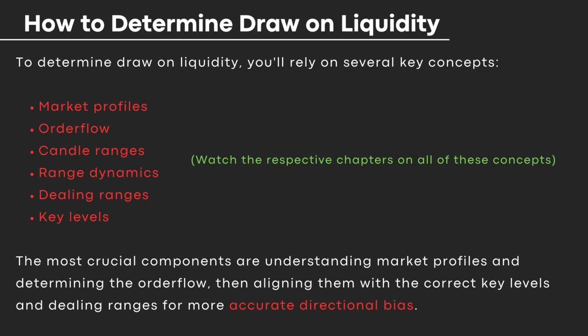And we'll use candle range theory, CRT, or simply candle ranges, and combine it with the first two concepts and then integrate them with each other, and then it'll assist us in determining our major draw liquidity. And then, last but not least, we'll use range dynamics, dealing ranges, and key levels, or specifically higher time frame key levels, to help us anticipate or determine our drawn liquidity.